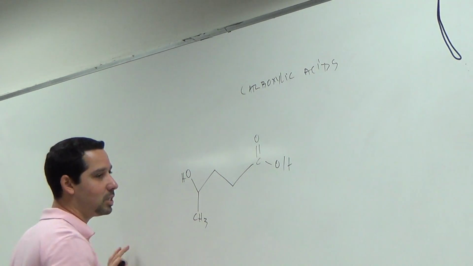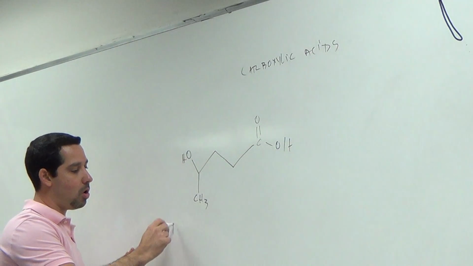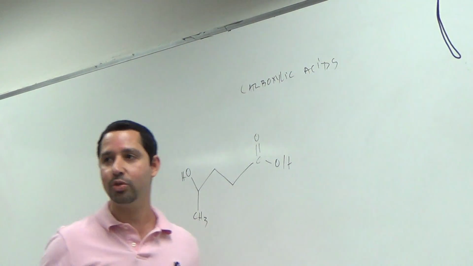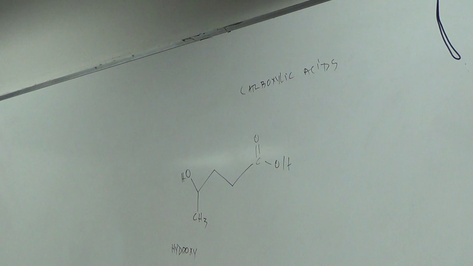But we're not going to name it as an alcohol. Whenever you see an OH and you don't want to name it as an alcohol, it is named hydroxy. Okay? So hydroxy is an OH. Hydroxide is OH minus. Okay? So that's hydroxy. So name it based on that hydroxy as if it were regular.